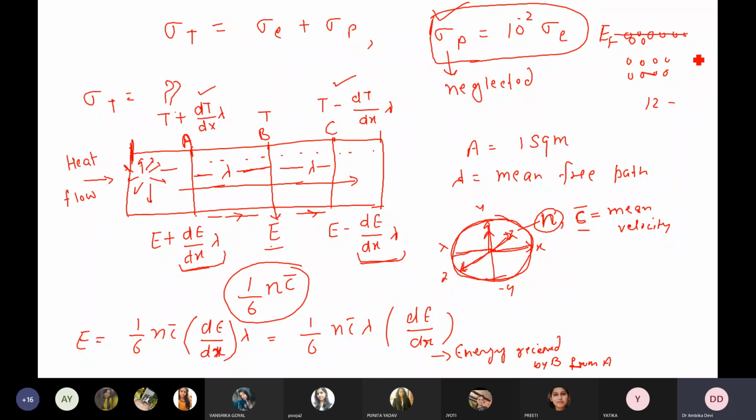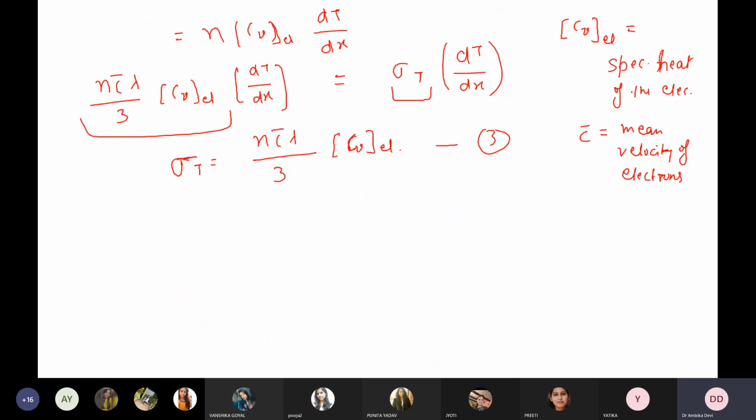Okay, so this scenario we need to consider, and then we need to find out what is the actual thermal conductivity of the electrons. If we consider those electrons who are present at the Fermi level, then accordingly this equation is going to change.